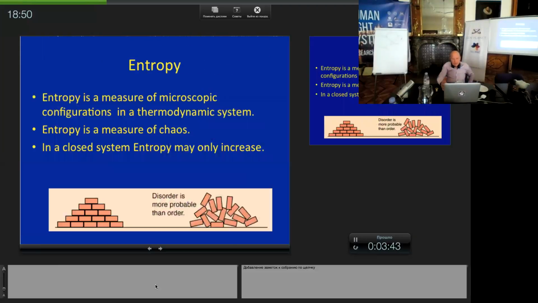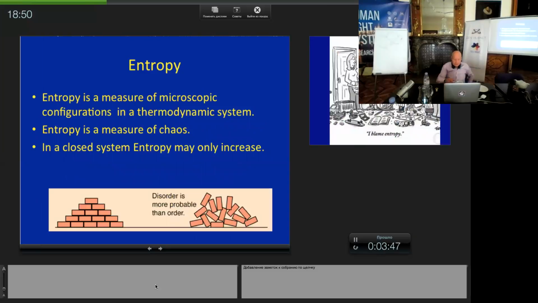A very important notion is entropy. Entropy is a measure of macroscopic configurations in the system. In other words, entropy is a measure of chaos. In a closed system, entropy can only increase.